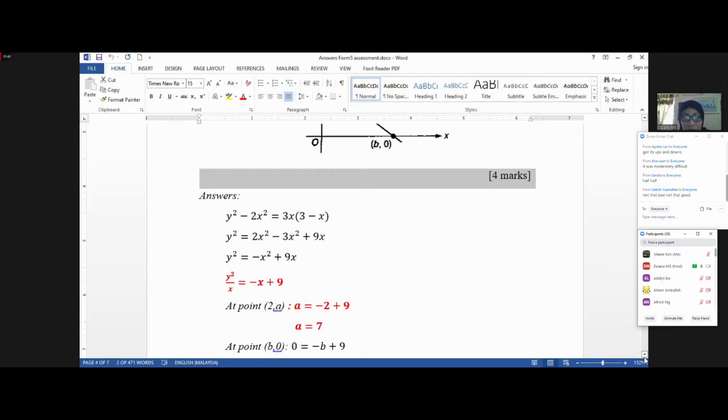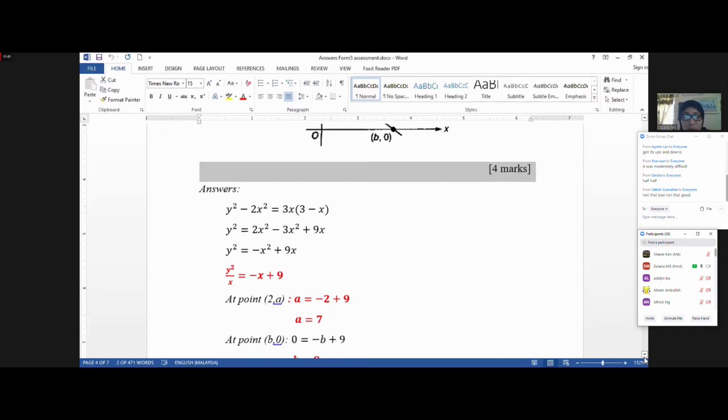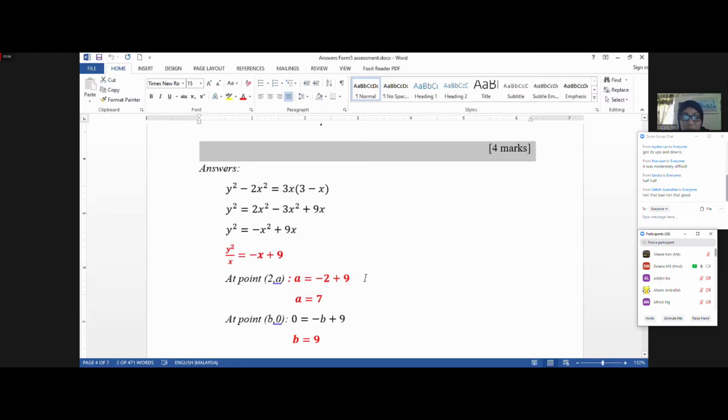And then I substitute point b, 0. So 0 equals negative b plus 9, then b equals 9. The 1 mark of the working can be at a here, or at point b, 0 when you substitute. Or if you use y equals mx plus c, you find the gradient first, also can. So the marks will be given at your correct gradient. So 1 mark each here.